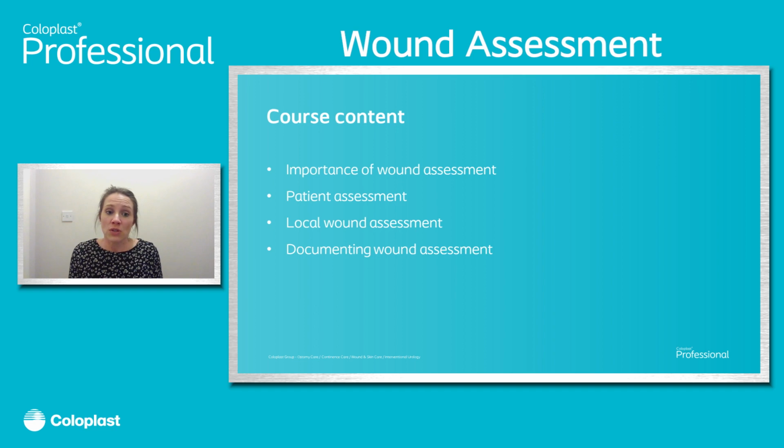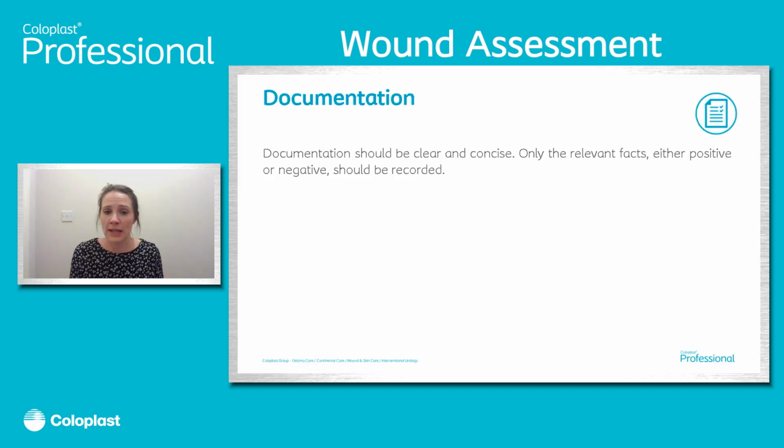So we now move on to documenting the wound assessment. We touched on this a little bit as we've gone and touched on the importance of documenting all of the elements of the assessment that we've looked at. But it really should be clear and concise. We should only be documenting the facts, either positive or negative, but it should only be the facts that we're looking at.